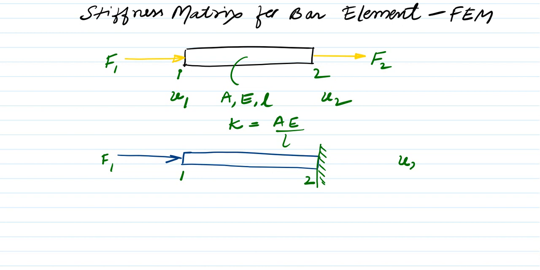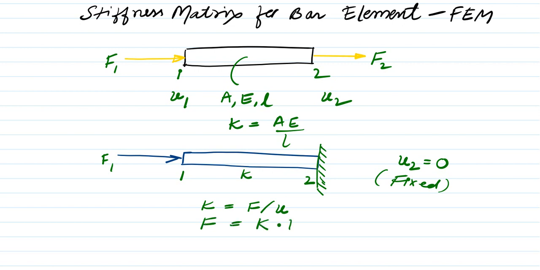It means U2 is 0 because it is a fixed end, so there is no displacement at 2. Now you need to define the stiffness. Stiffness is force per unit displacement, K is equal to force per unit displacement, so in general you can write F is equal to K into U.